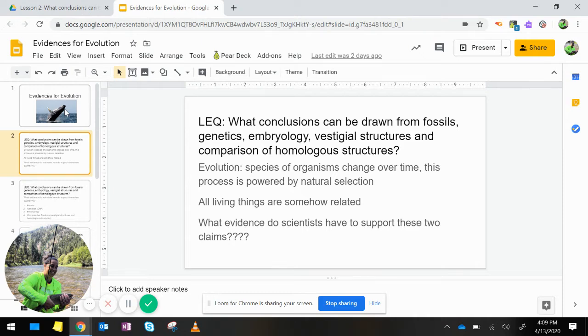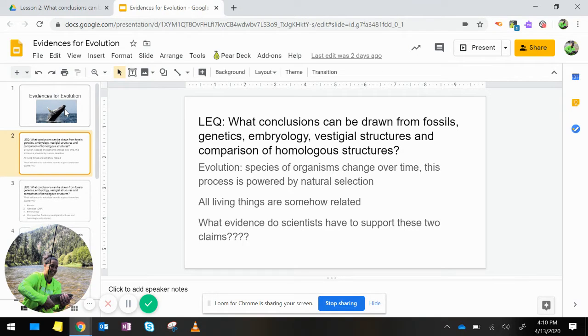So basically, scientists have two main claims that they look at when talking about how organisms have developed and changed over time. The one is the theory of evolution by natural selection. This was originally thought up by Charles Darwin, and it has been continuously proven correct over the years with scientists looking at evidences to support this.